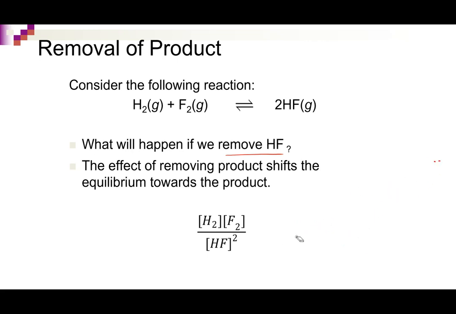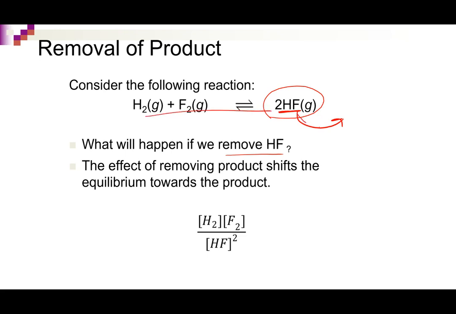So let's pause and think about how this would be helpful in industry. So if this is the product that I'm trying to make and I make money on that product, but my boss says, you know what, you're not making enough. I'm going to need you to make more of that product. One of the simple engineering fixes that I can use is that as this gets created, as we produce that, to remove it right away.